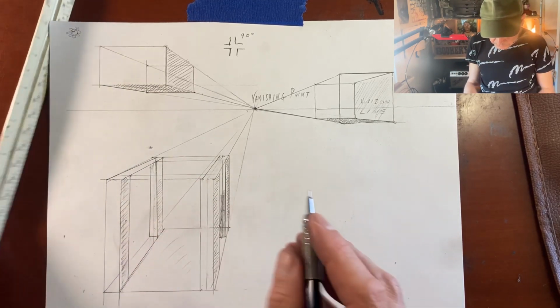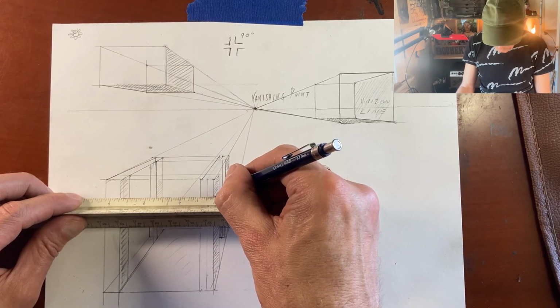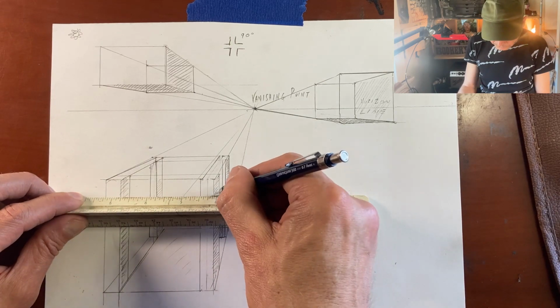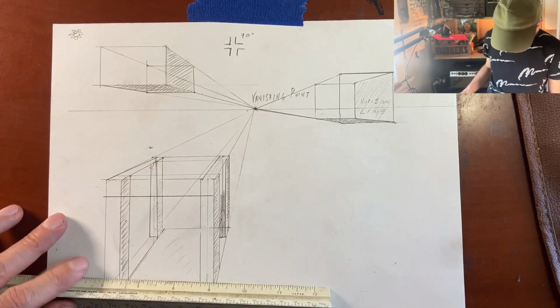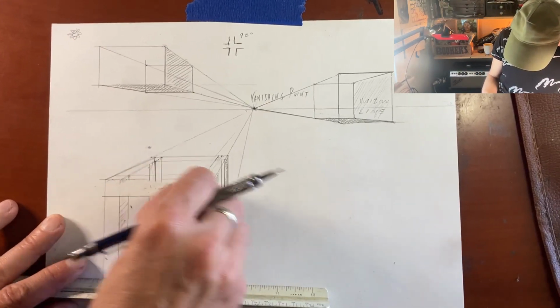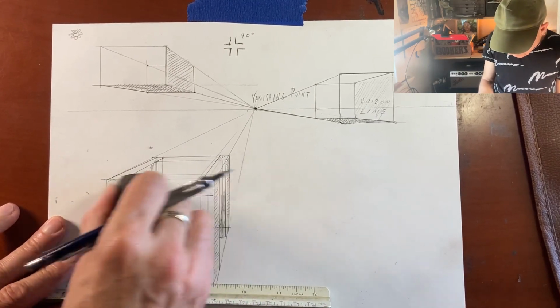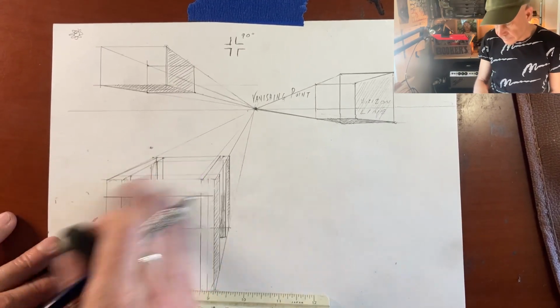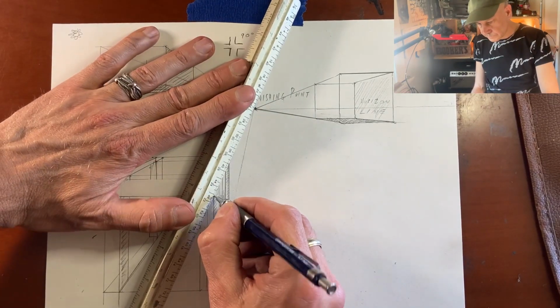Now the tabletop. Do a horizontal line. I'll erase all this stuff up here. Now I want to use the line of perspective, use the vanishing point here.